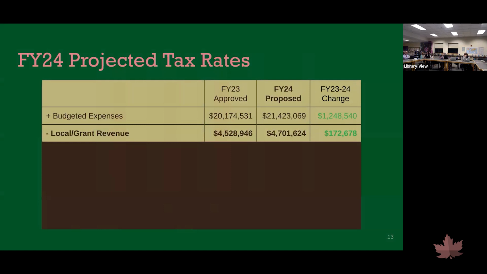From the expenses we've put your local and grant revenue. This is primarily tuition payments received by the two high schools in the tech center. There's also a chunk of money that comes in directly from the state to support the tech center. And then there's some minor bits and pieces which we can go over later.